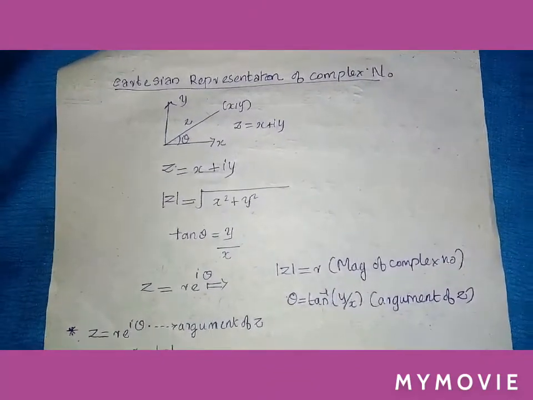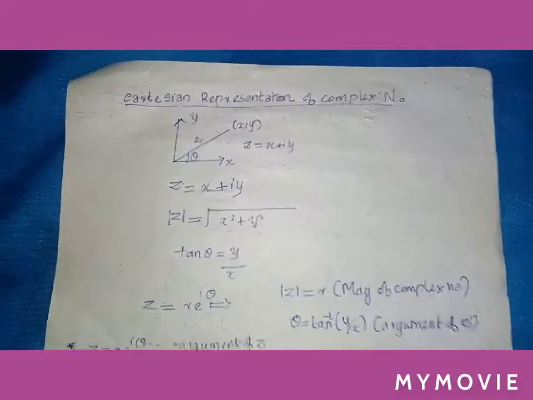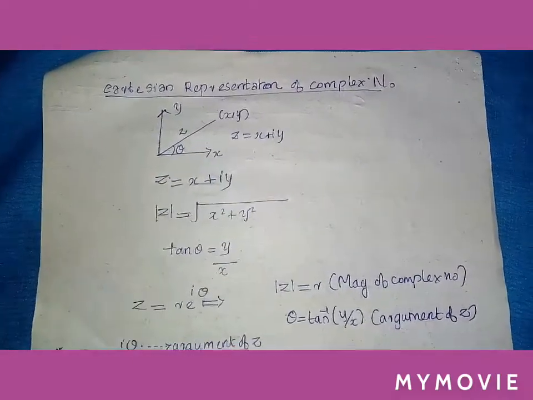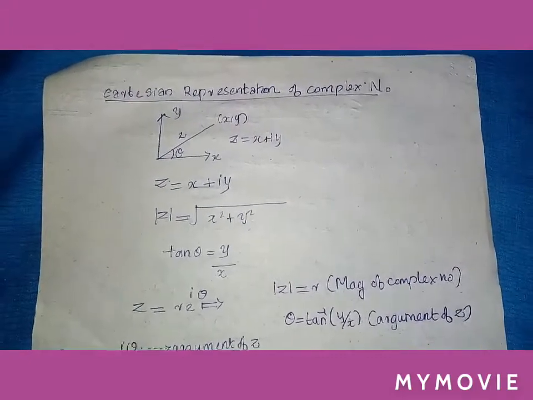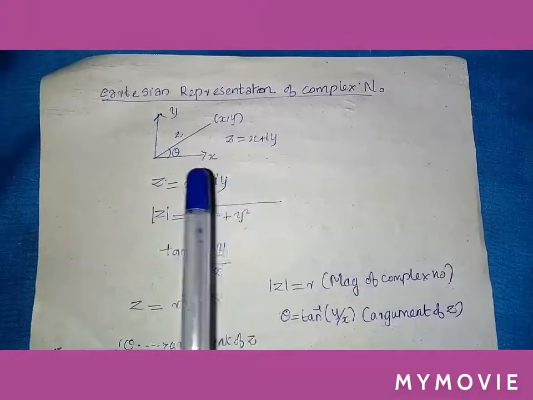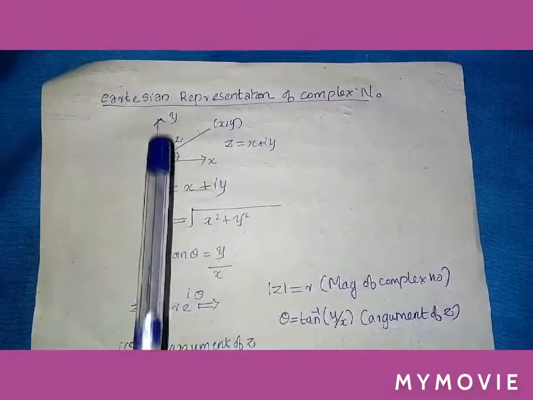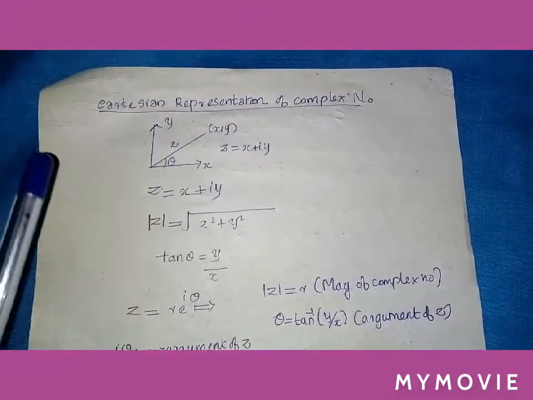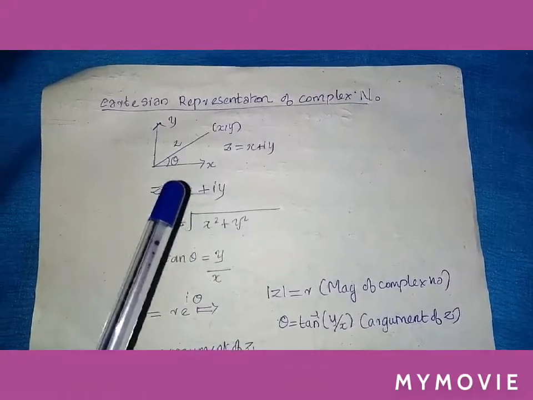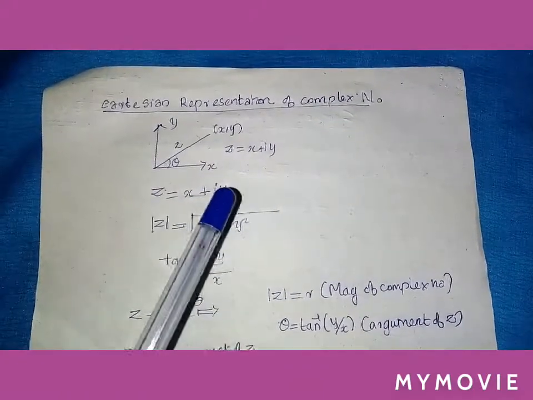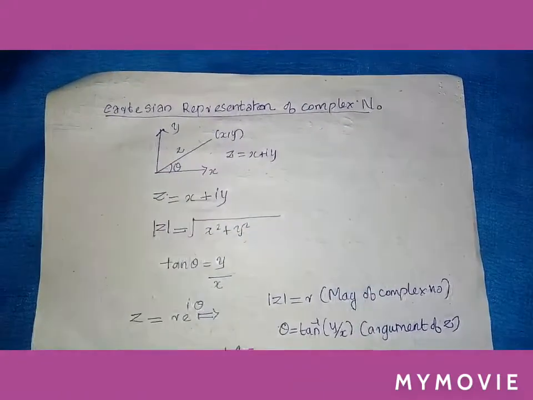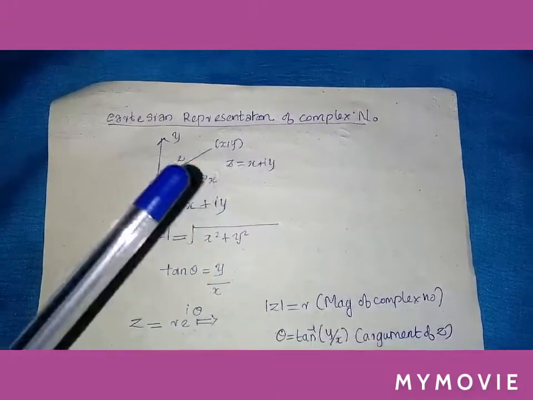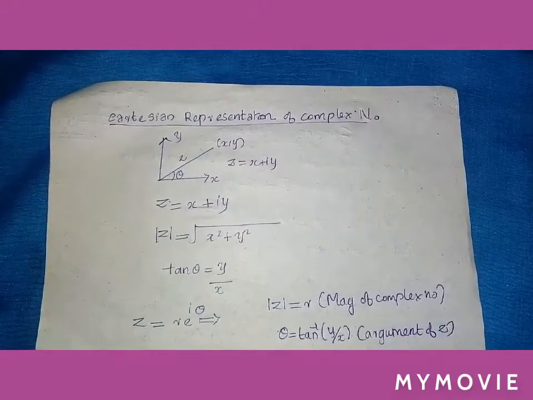Cartesian representation of a complex number, in which we know that x-axis, y-axis, z is x plus iy, which represents this line, and the line makes theta angle with the x-axis.